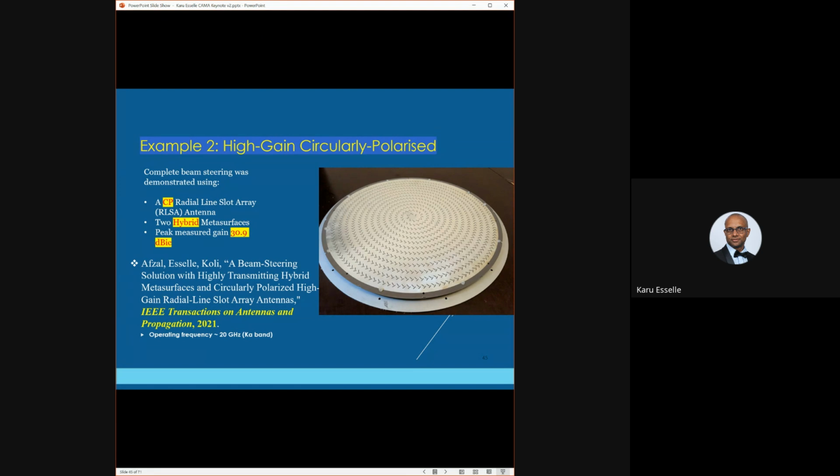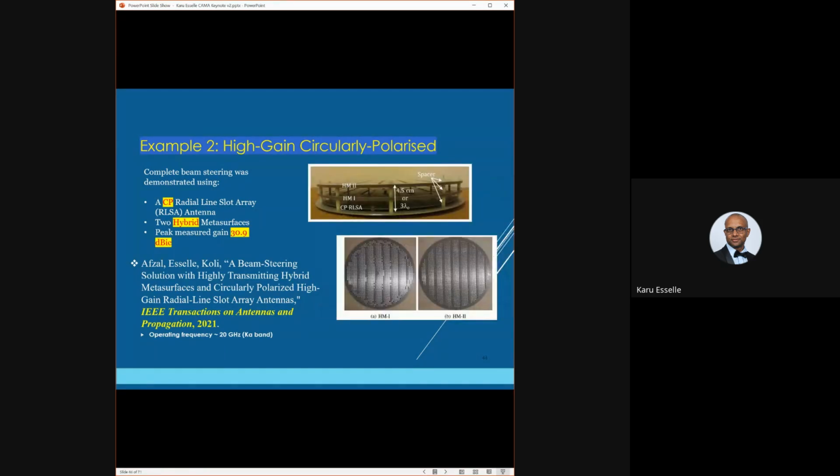So the peak measured gain of this system is 30.9 dBic because it's a circular polarized antenna. The arrangement is here.